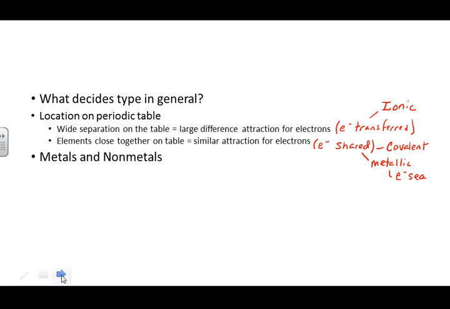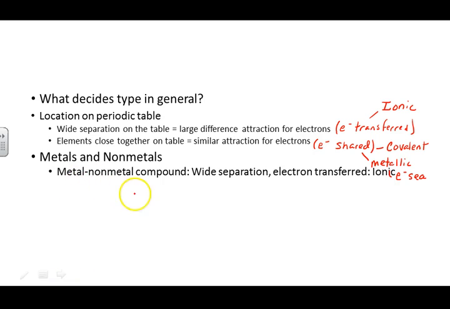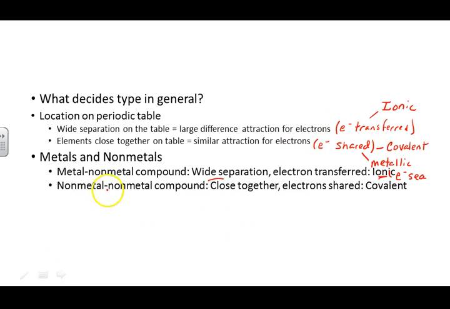So let's suppose we have metals and nonmetals. We can think about this in terms of location on the periodic table, but first metals and nonmetals. Metal and nonmetal compounds have wide separation, two different sides of the periodic table. Therefore, the electrons are transferred, and we have ionic bonds. If we have two nonmetals, those compounds are going to contain two nonmetals, therefore they're close together on the periodic table.